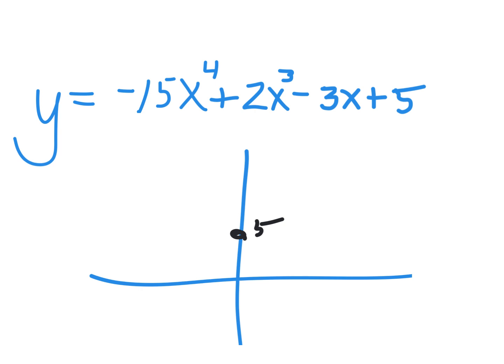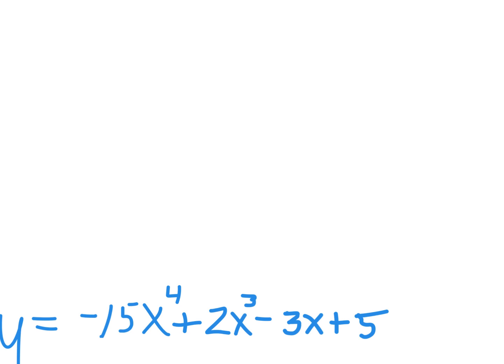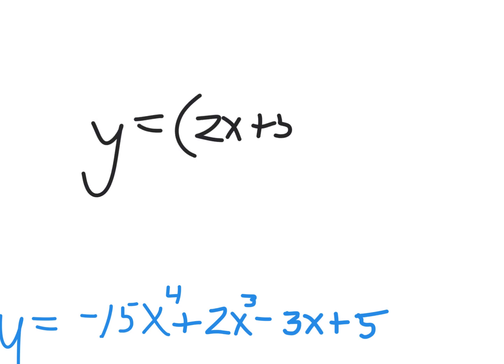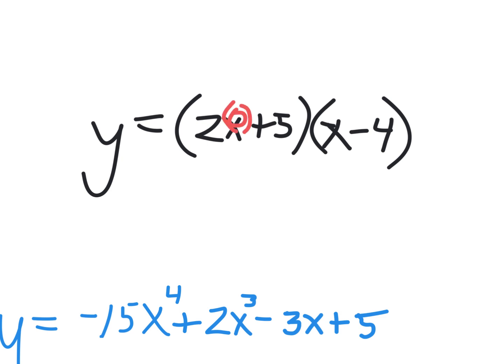All right, so here's another way to find the y-intercept. Let's say we had it in this form. What's the y-intercept there? It's not the last number. The y-intercept is where, what again? Where x is 0. Look at this.